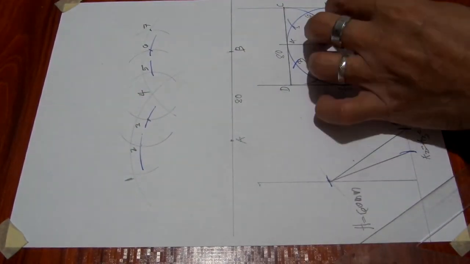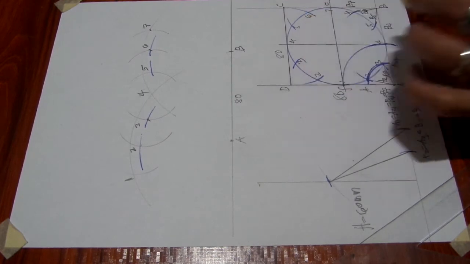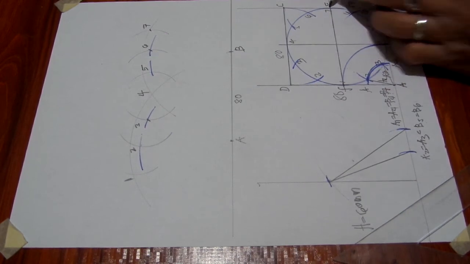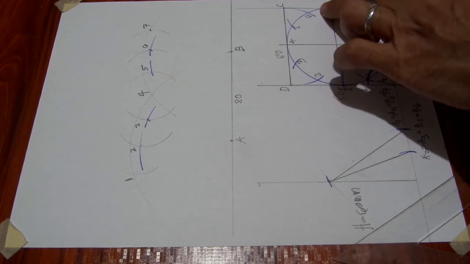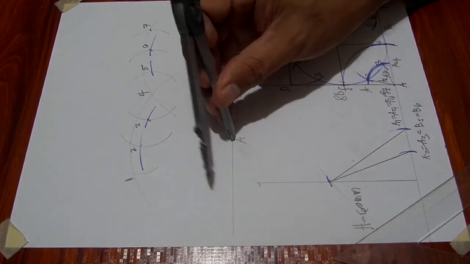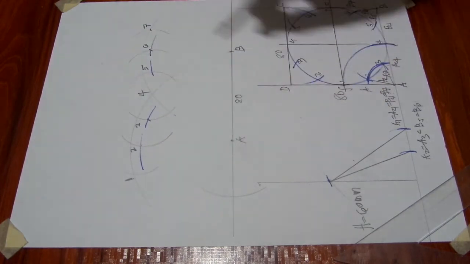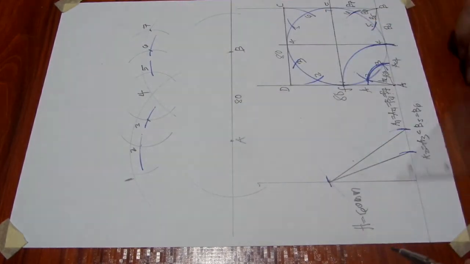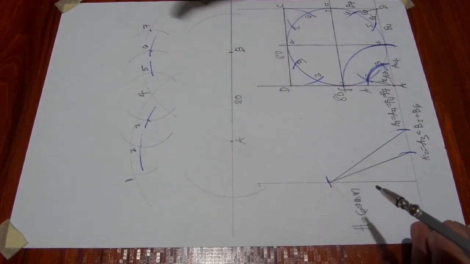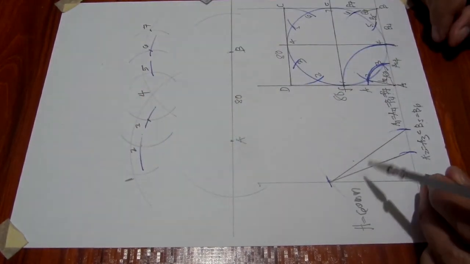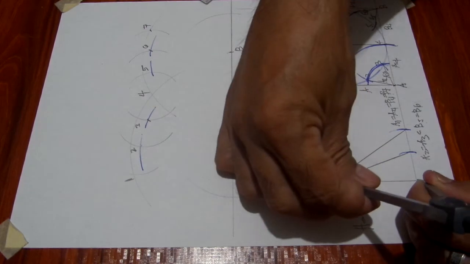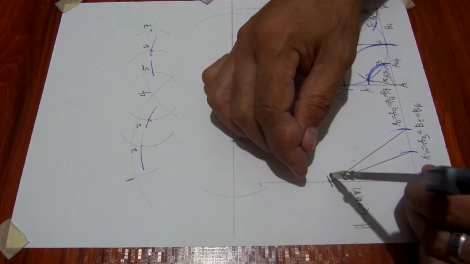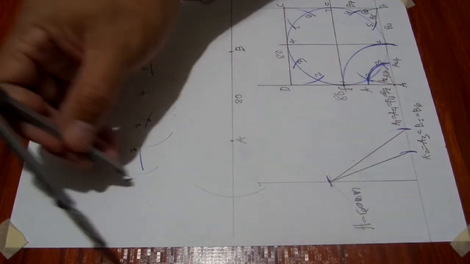So we take out this distance. EF and BE are equal. So we compass from E, and from B at point B. Then we also get the height from 1.